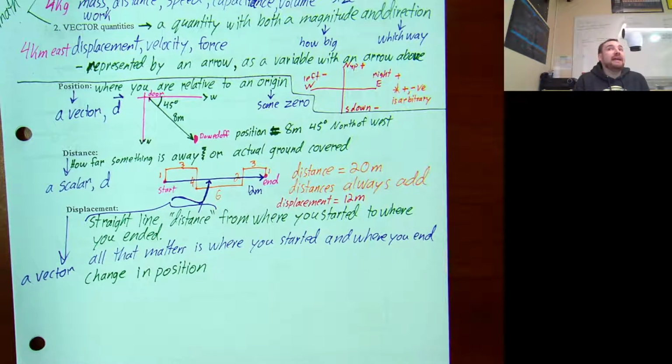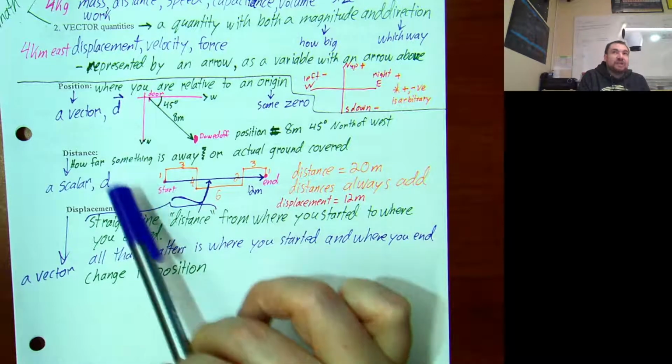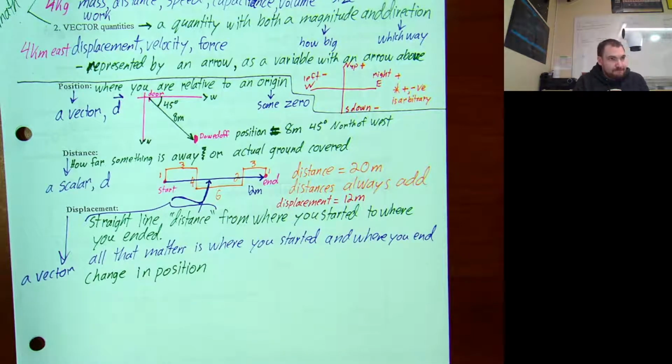Does anyone want to guess? Maybe you've seen the symbolism for it before. Does anyone want to guess how we define a change in position using symbolic notation, displacement? Connor. Well, if you start somewhere, and you can determine a change.